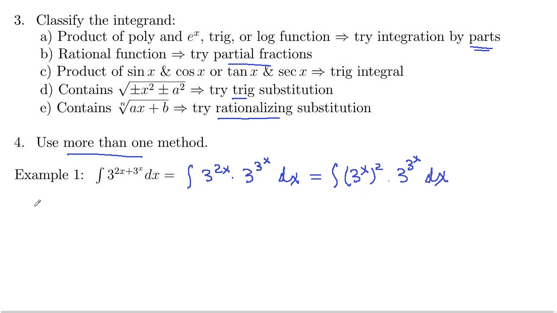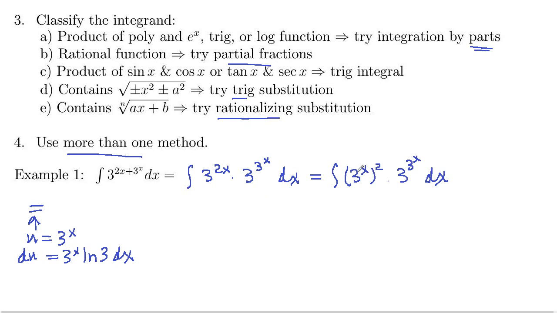So let's try u is equal to 3 to the x, and then du will be 3 to the x ln 3 dx. So let's see here. So this will be 3 to the u.